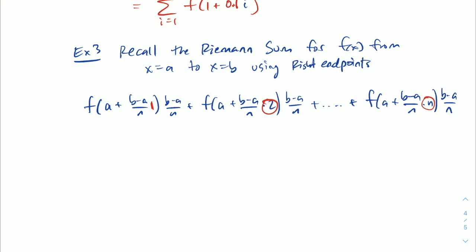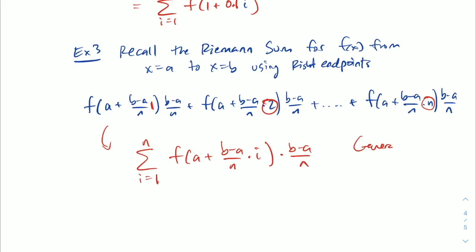So if I write this in sigma notation, I'll say i equals 1 to n, and then the generic term, the general formula, f of a plus b minus a over n times i, all times b minus a over n. So this is a general formula for a Riemann sum.